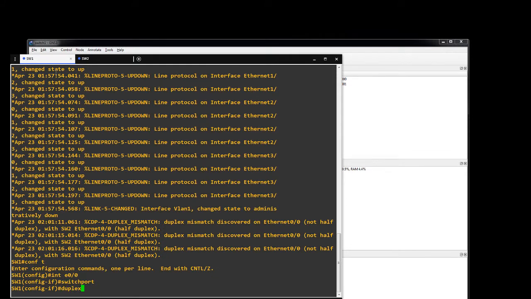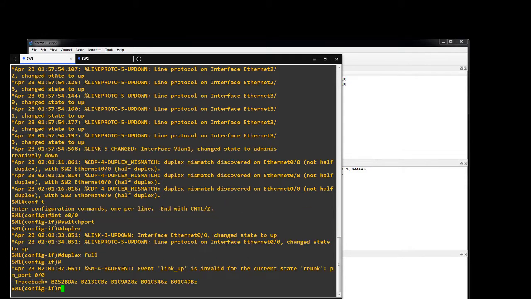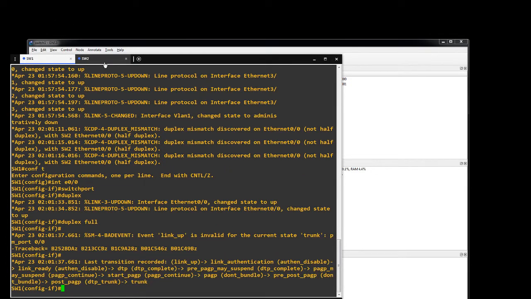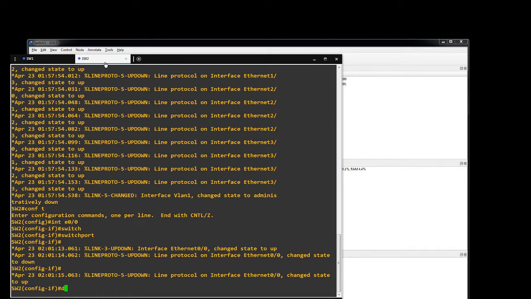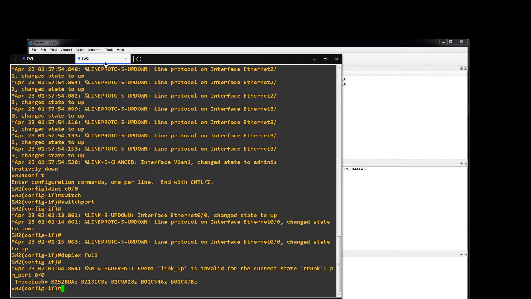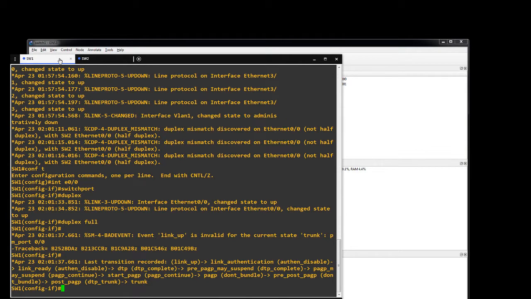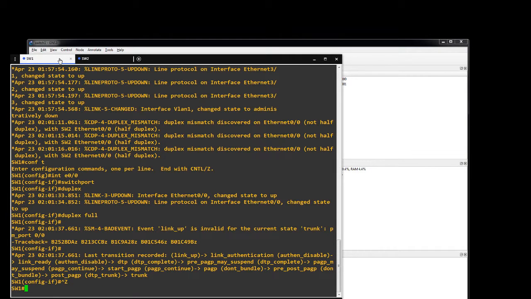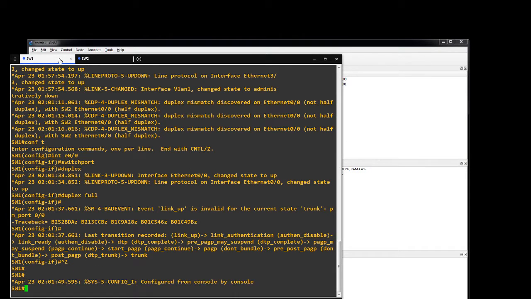Let's make the duplex full on both sides. By default, one of these switches would be the root bridge.